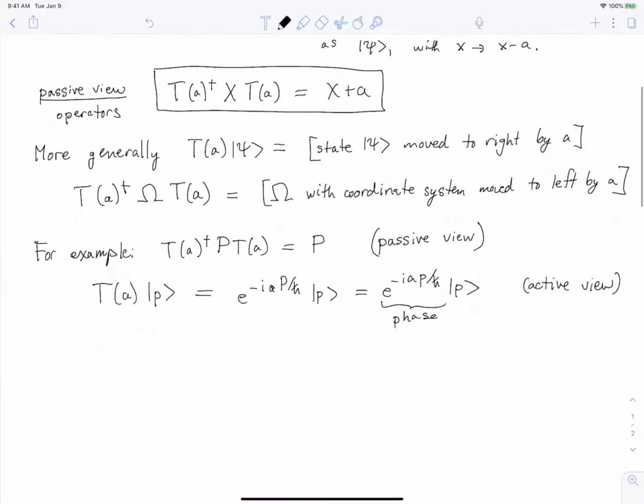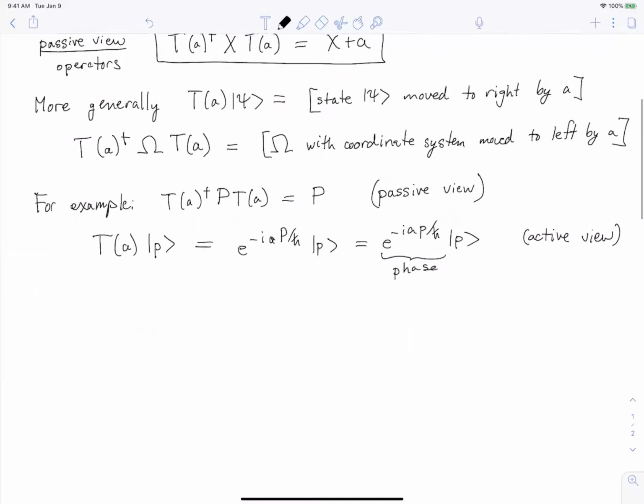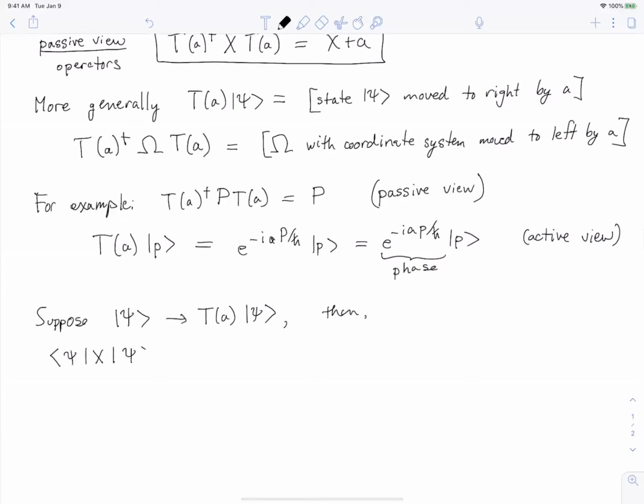Okay, so now suppose we take any state and we act on it with the translation operator, and let's ask about expectation values. So if we take any state psi and replace it by the translation operator acting on psi, then, for example, the expectation value of x is going to transform in the following way.